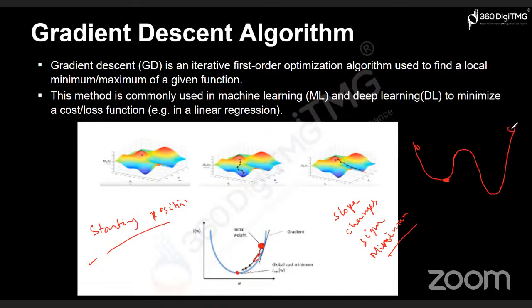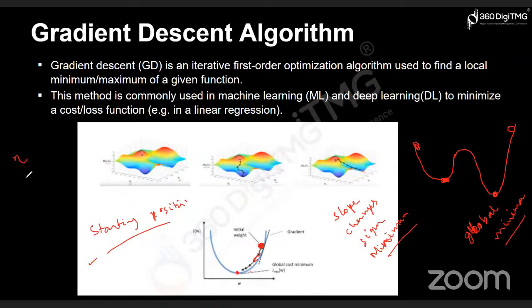But if we start here, changing the starting position, we can reach the global minimum value. If we start here, this is the minimum point we'll reach. If we start here, we might be able to reach here. But reaching here depends on the learning rate.